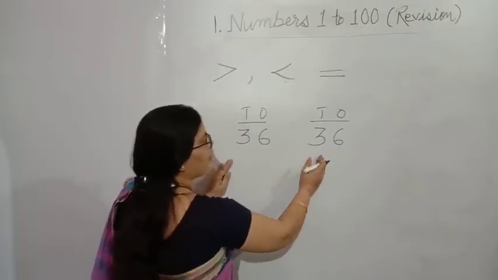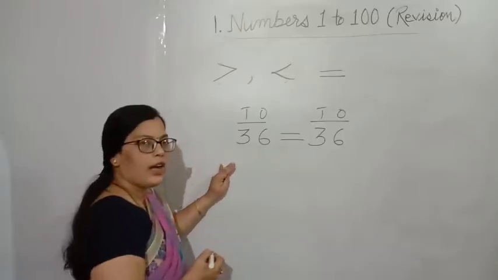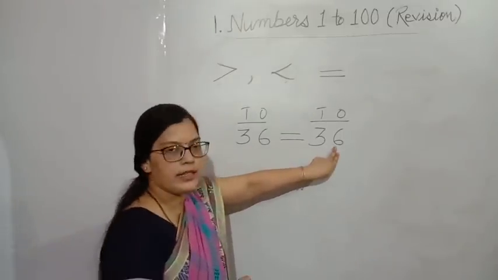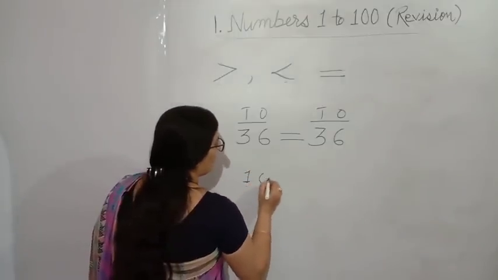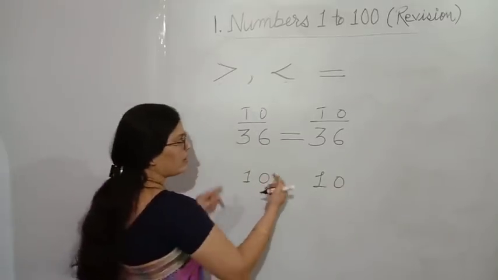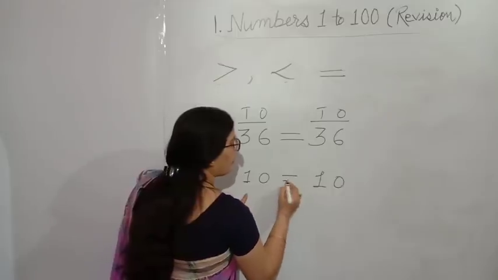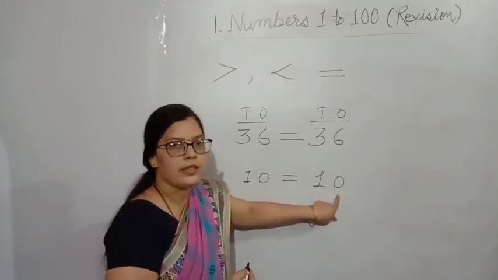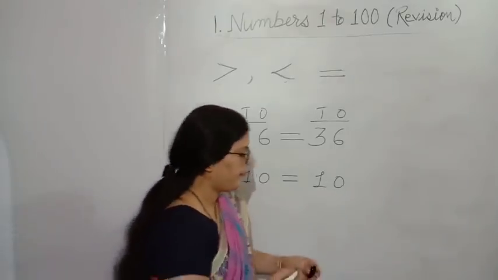So here we'll use the equal to sign. 36 is equal to 36. Again, when we compare two equal numbers, we'll use the sign of equal to. 10 is equal to 10. Is it clear to all of you?